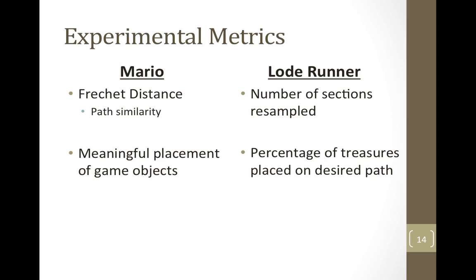And then for Loadrunner, we looked at the number of sections that needed to be resampled for both the single and the multi-layer approach to see if using the multi-layer approach added a lot of complexity to the model. And we investigated the percentage of treasures placed on the desired path as an approximation of path similarity.